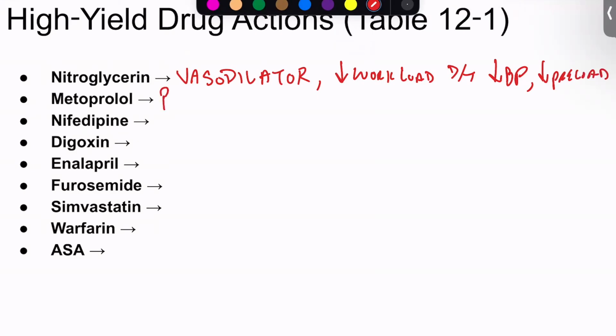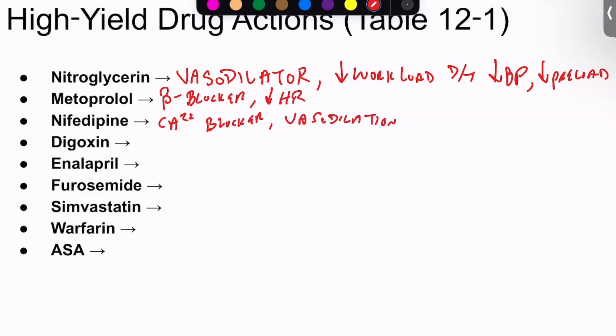Metoprolol, that's a beta blocker. It's going to be working to decrease our heart rate. Nifedipine, this is a calcium channel blocker. And how this is going to work is by vasodilation. So it's taking some of that work off your heart.